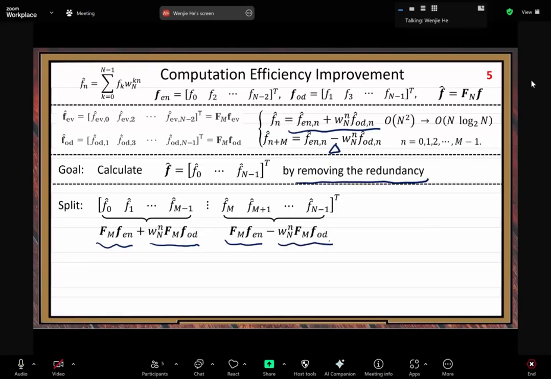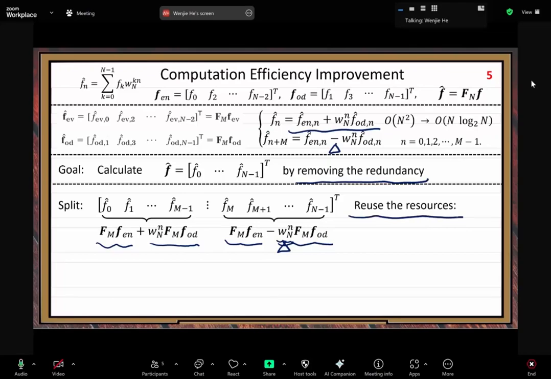But when you do subtraction, you need to multiply this WMN to the second intermediate vector. So here we use the idea of reusing the resource. In computer algorithms, one basic idea that we use to improve algorithms is to reuse the resource.